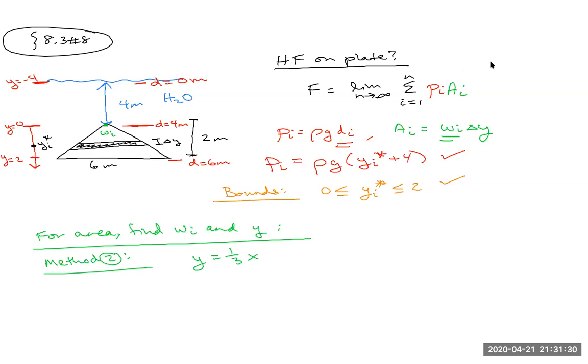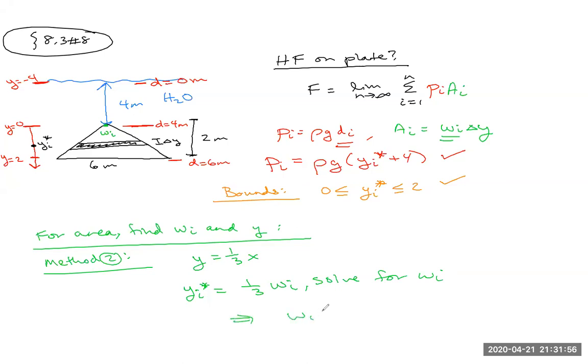Okay, now remember y is representing your depth, but from your coordinate system, you can go ahead and replace y with yi star. You have 1/3, replace x with wi and solve for wi.